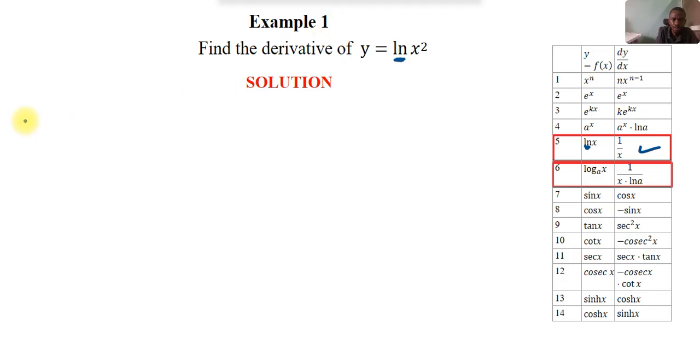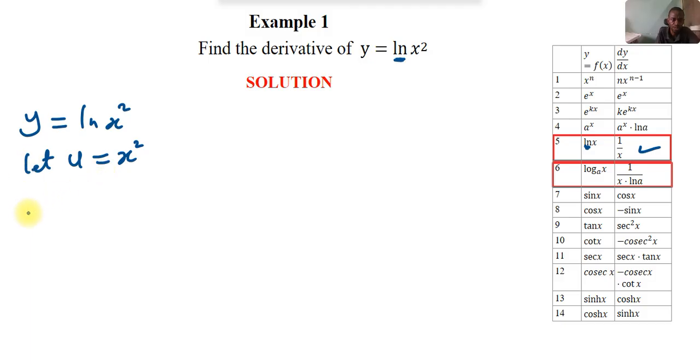So we have y equals ln x squared. Now this is actually a function of a function. You can treat this as a function of a function, and so I will let u be x squared.